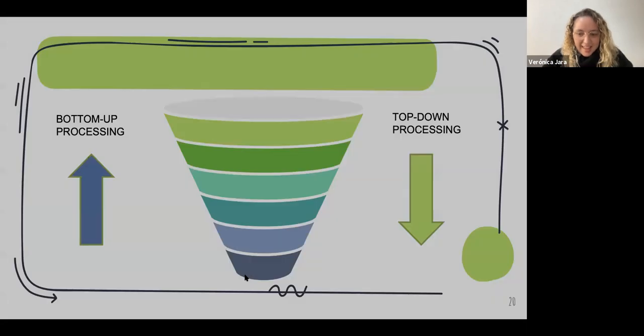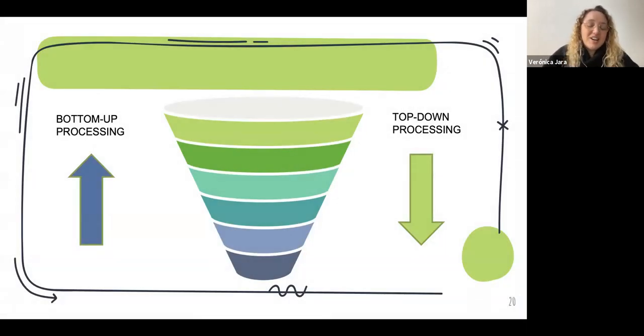Good. Now, another thing we need to discuss when we think of listening, and we think of strategies, is what we call bottom-up processing and top-down processing. If we think of a funnel or a pyramid, if we first think of general ideas or big things, we would be doing what we call top-down processing.